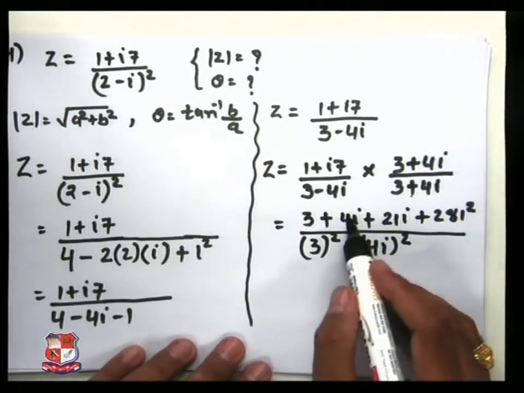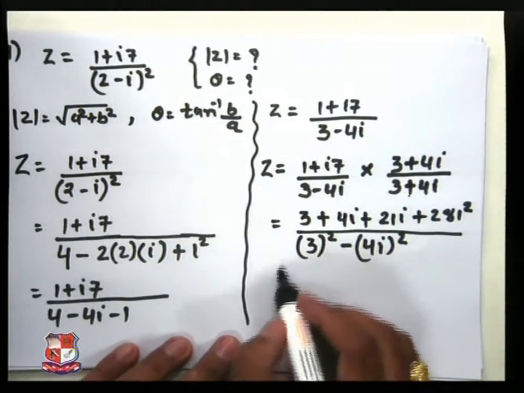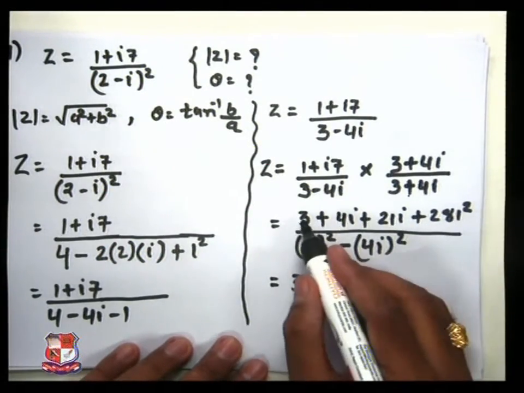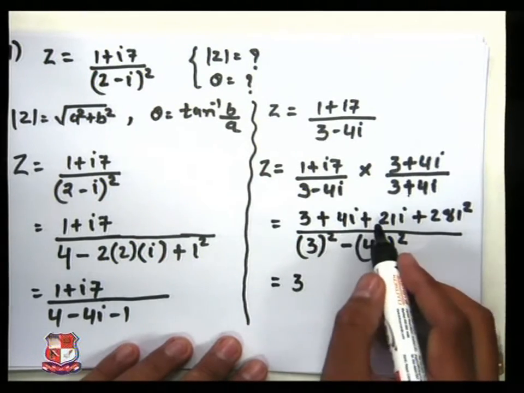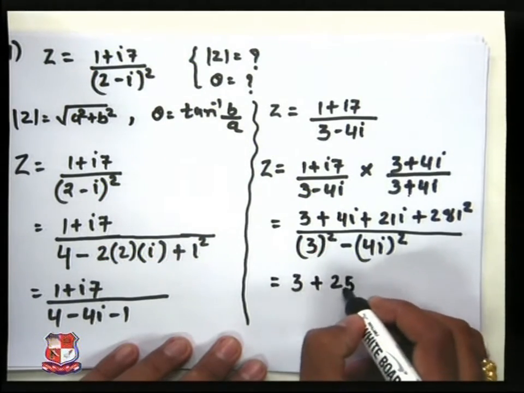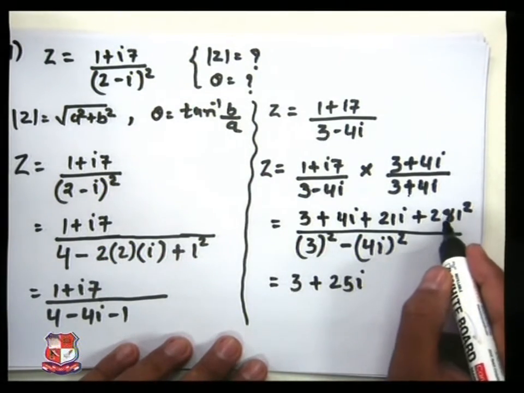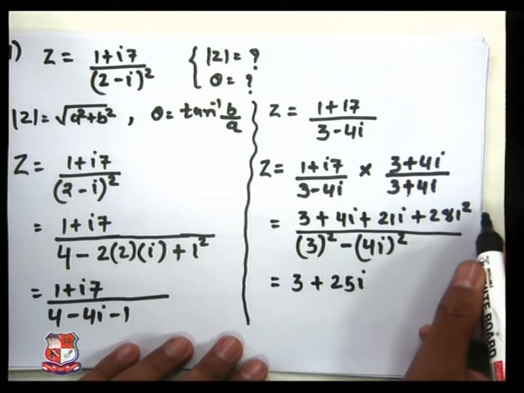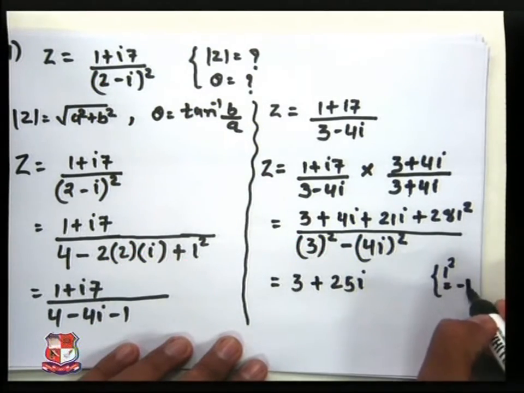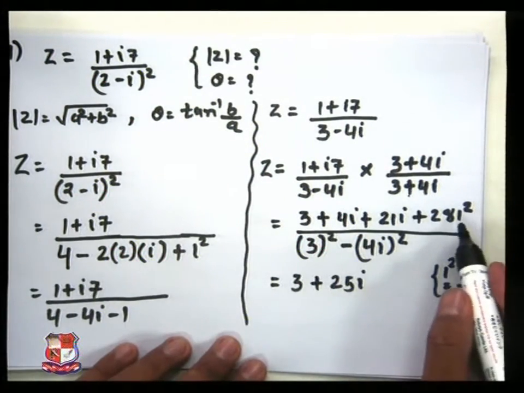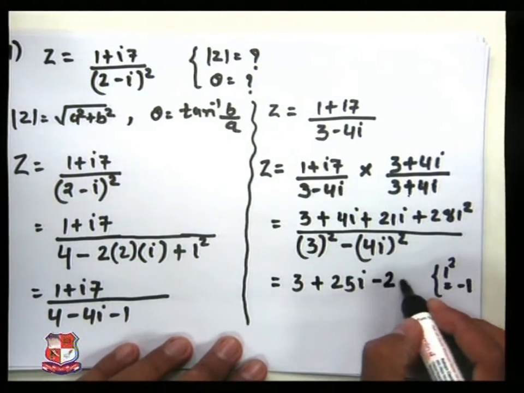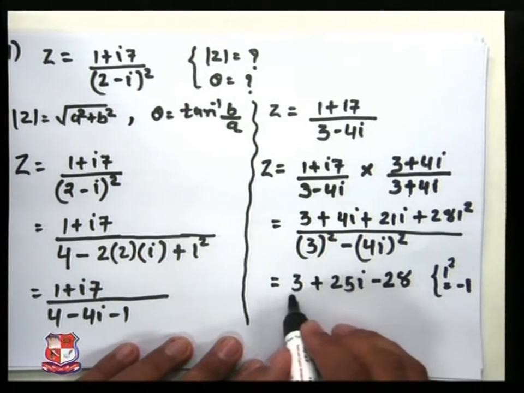Now we simplify our numerator and denominator. Here we add the i values and the terms without i. First of all, 4i plus 21i is equal to 25i. Here 28 and i square: the basic rule of complex numbers is i square is equal to minus 1. So replacing i square with minus 1, plus 28 becomes minus 28.